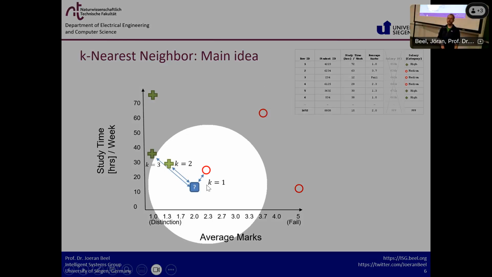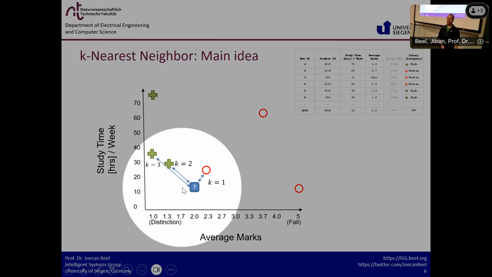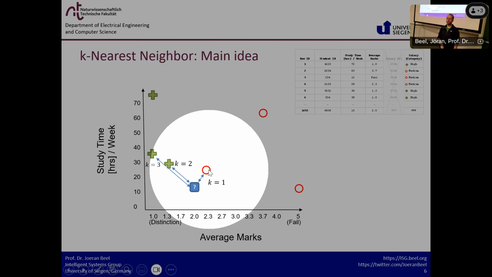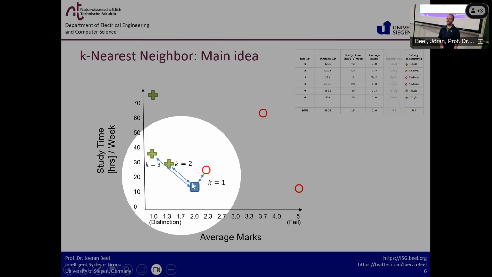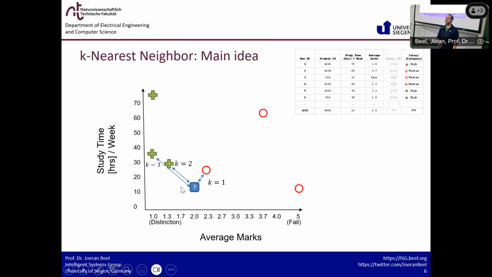So in case of k equals 3, you look at the three nearest neighbors, that's the very nearest, the second nearest, and the third nearest. You see that 2 out of the 3 have high salary. So your best educated guess would be that this student also will have a high salary. That's the basic idea of k-nearest neighbors.